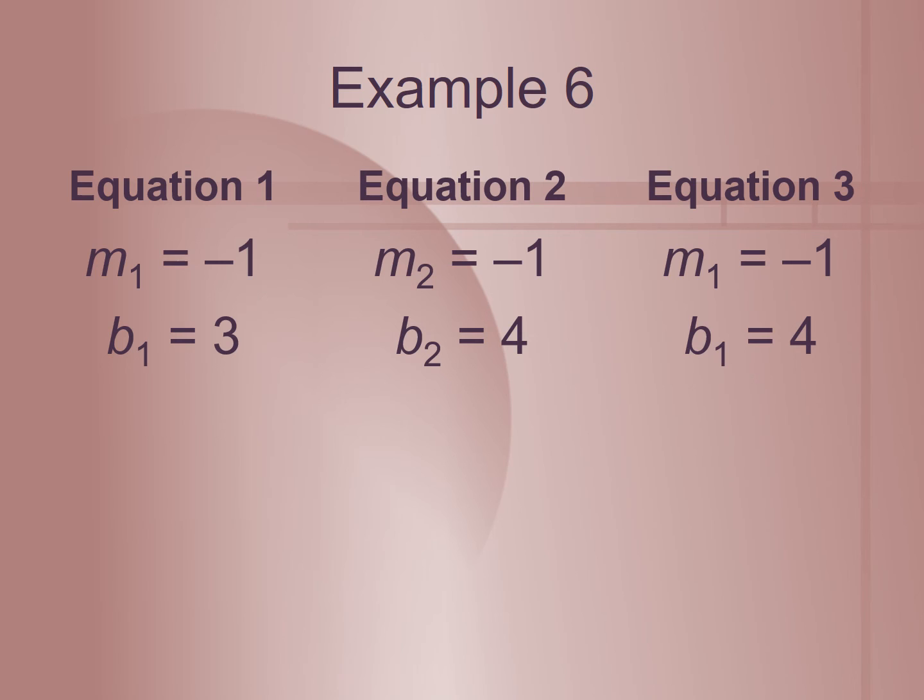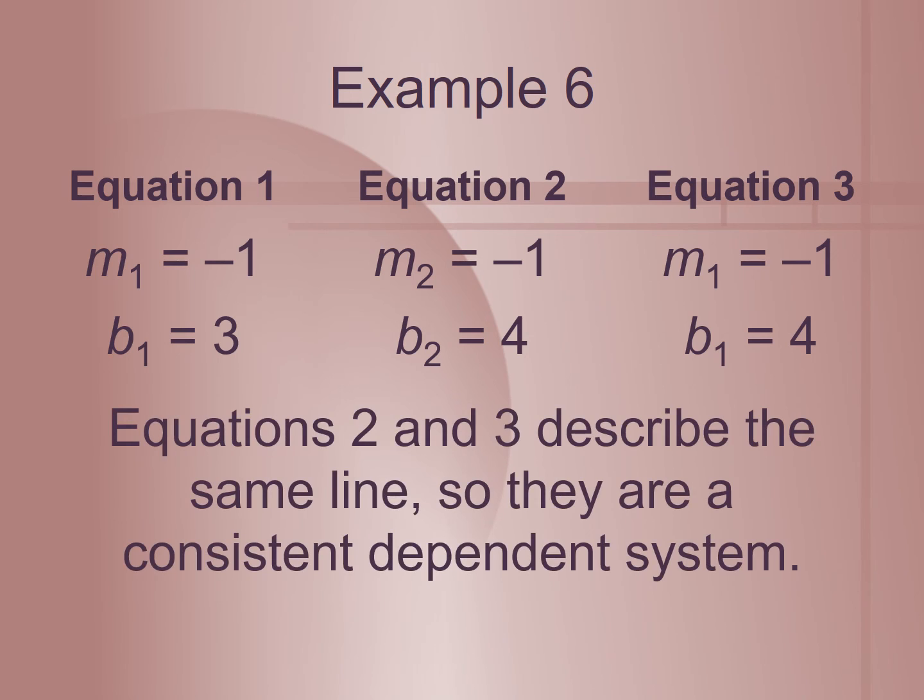So we're trying to see which ones are consistent dependent and which one is inconsistent. So equations 2 and 3 describe the same line. The slope is the same and the y-intercept is the same. So in slope-intercept form, they look like the same equation.